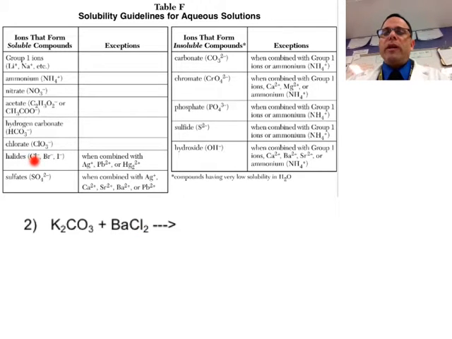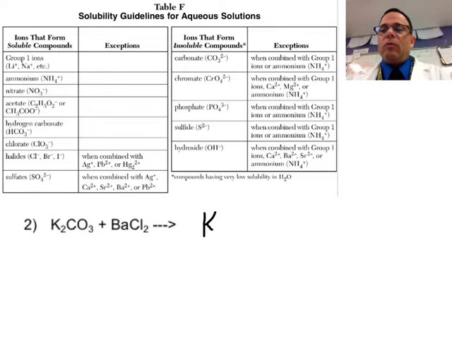So, chlorines are soluble if they are combined with anything except these. With barium is not one of the exceptions. It works, so this is soluble. Potassium chromate, there's my chromate. It is insoluble, but it is paired with a group 1 element being potassium. So both of these substances, these reactants, are soluble.